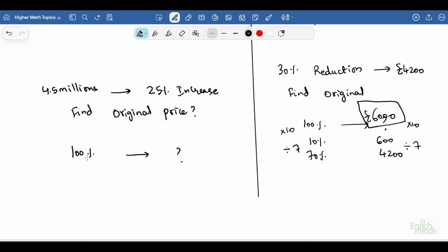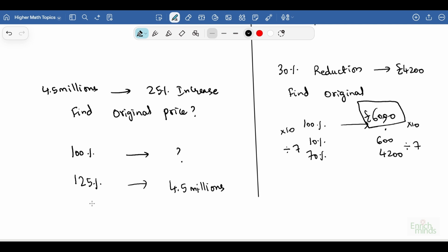So for 100%, an increase of 25% means you have to add 25 to 100 to make it 125. So 125% is 4.5 million. We have to find what was the price before the increase, or the 100% of the price.